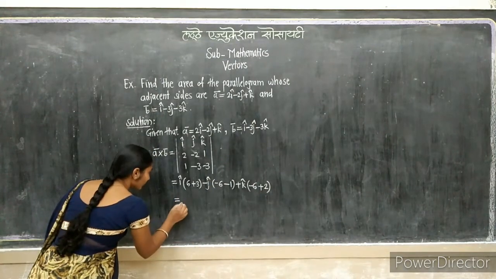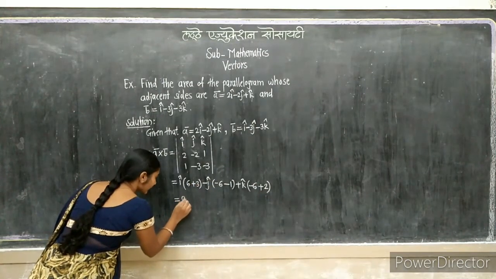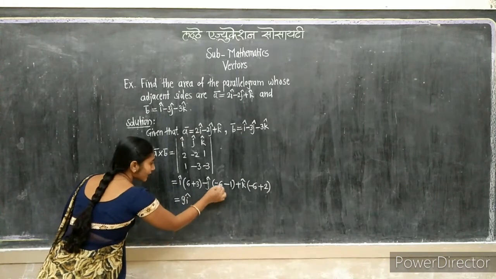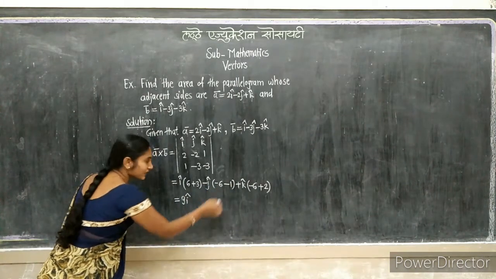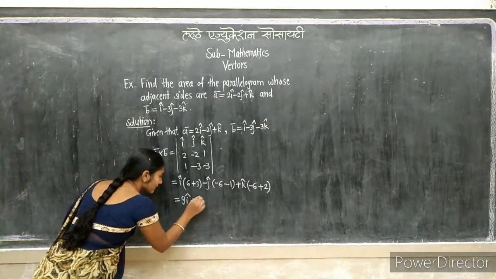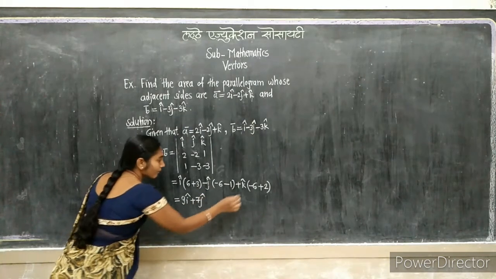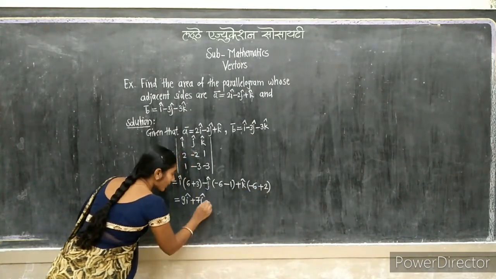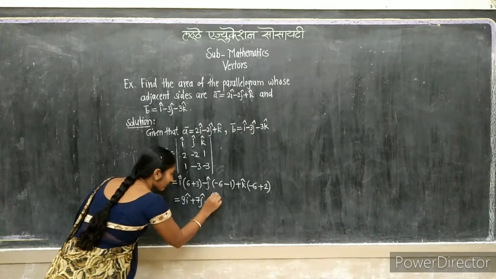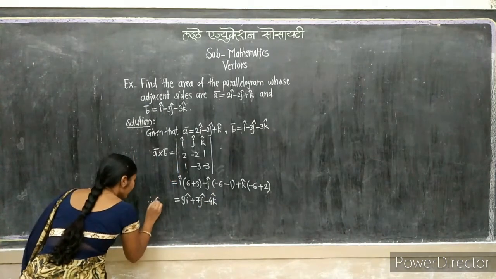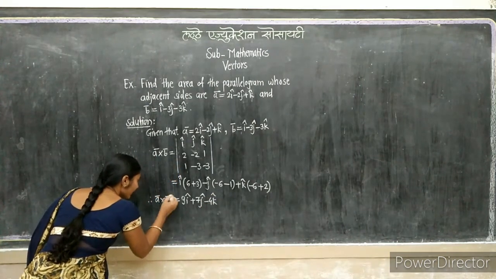This is equal to 6 plus 3, 9 i cap, minus 6 minus 1, minus 7, into minus, that is plus 7 j cap, minus 6 plus 2, minus 4 k cap. This is a bar cross b bar.